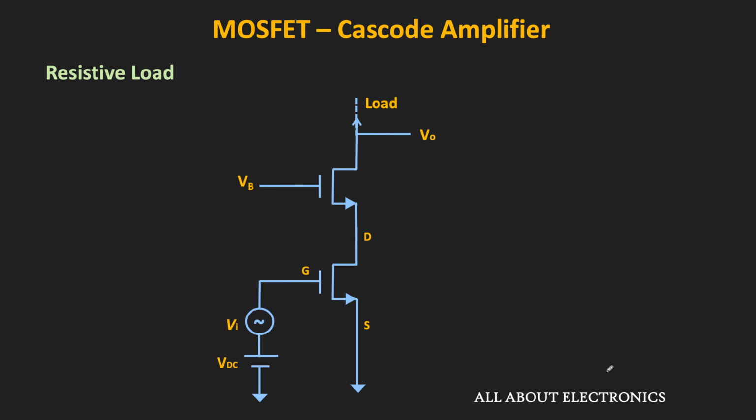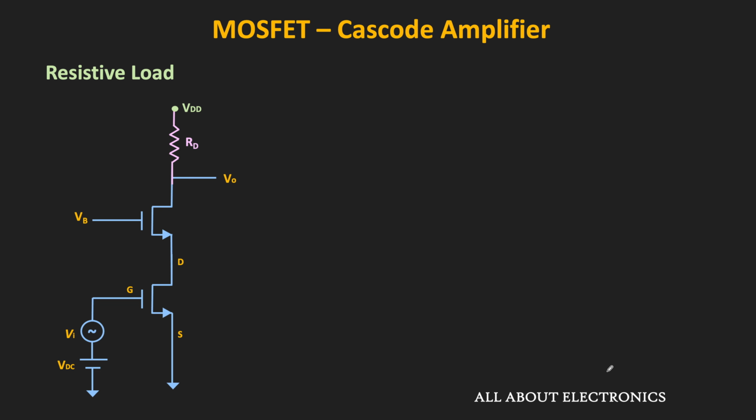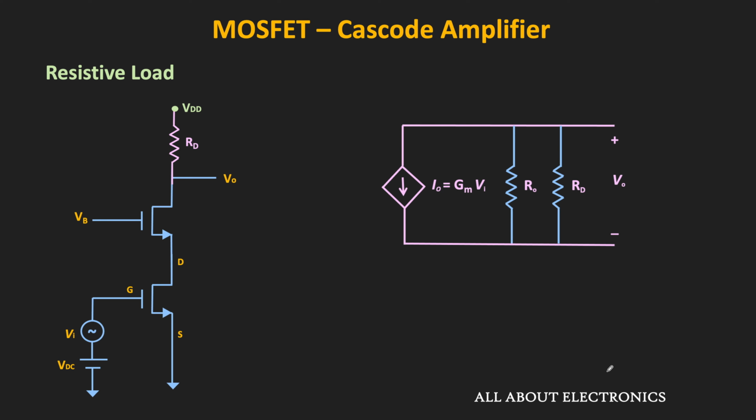First of all, let us find the voltage gain of this cascode amplifier with the resistive load. With the resistive load, if we see the output equivalent circuit, then it will look like this. That means this resistor RD will appear in parallel with the output resistance. In this case, the voltage gain will be equal to Gm times (Ro parallel RD), where Ro is the output impedance of this cascode stage.